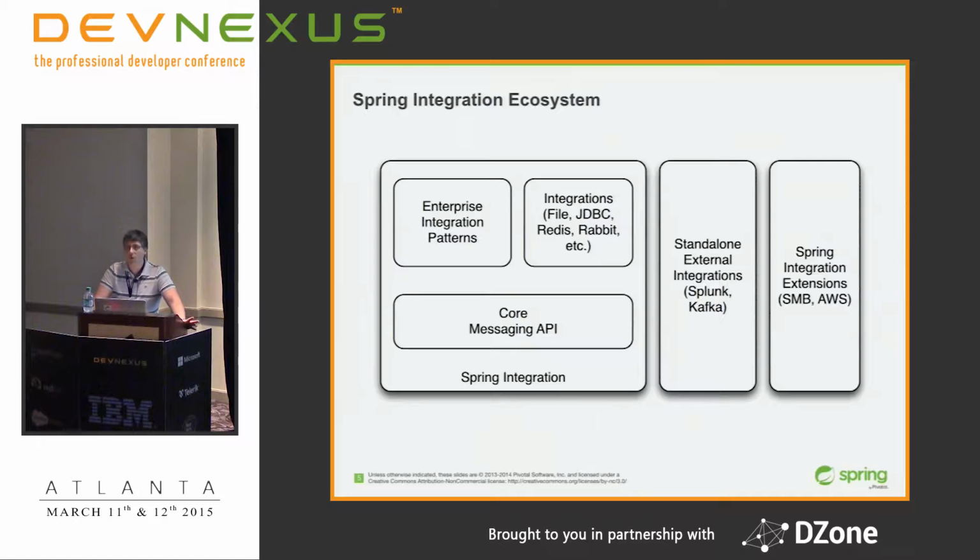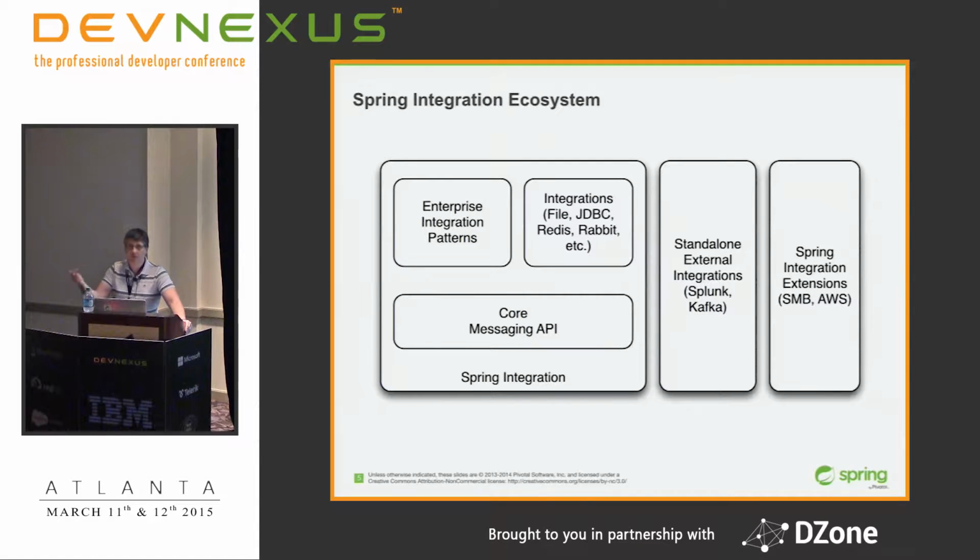There is the core Spring Integration framework proper, which has the core messaging API and the core components, basically all the abstractions that the rest of the framework builds on.